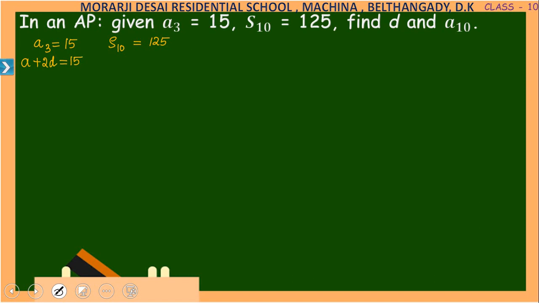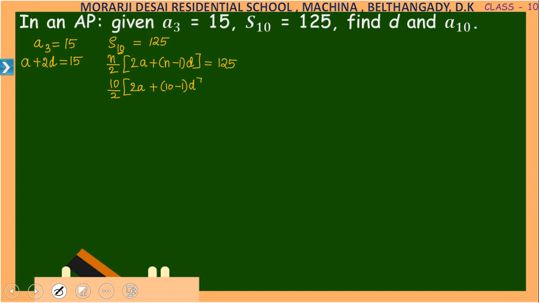Now S10 is equal to 125. The formula for Sn is n by 2 into 2a plus n minus 1 into d. So here n is 10. So 10 by 2 into 2a plus 10 minus 1 into d.